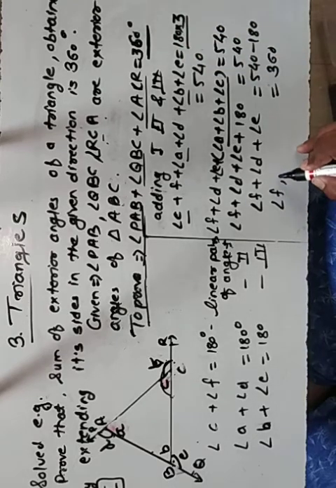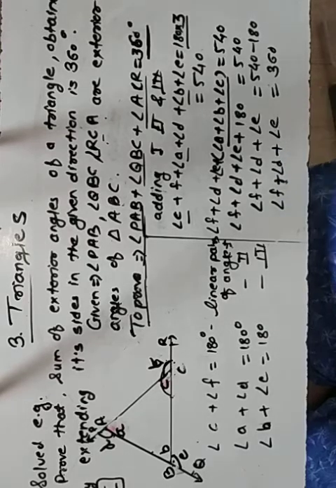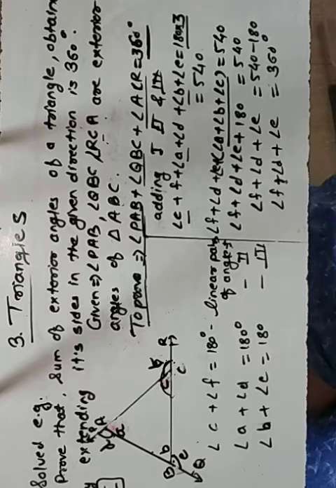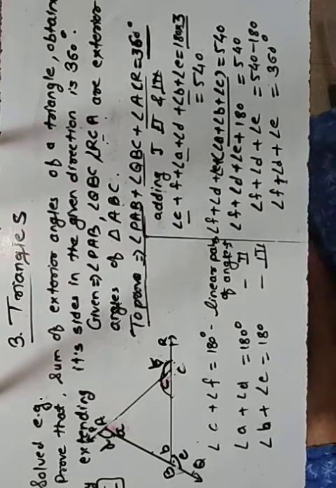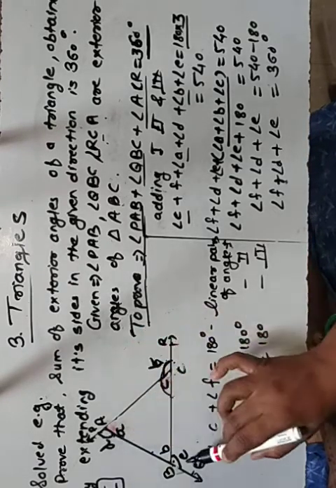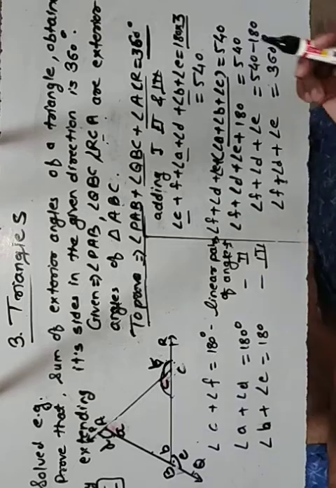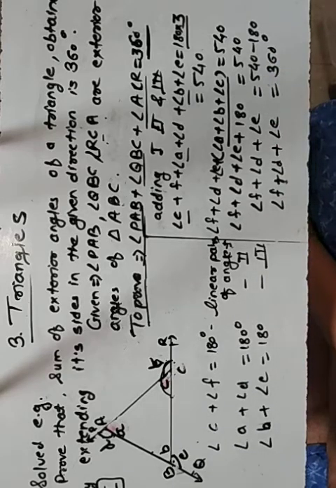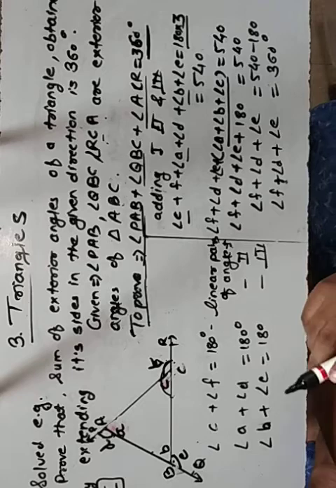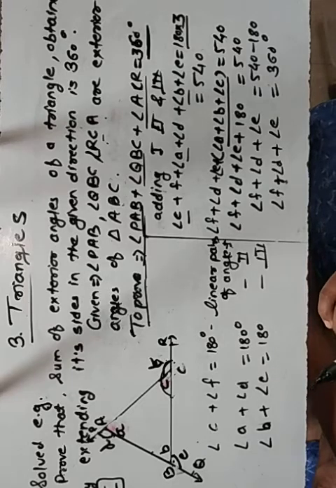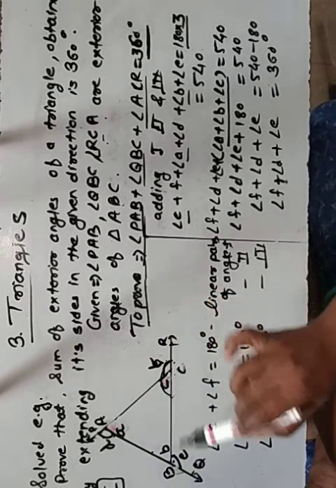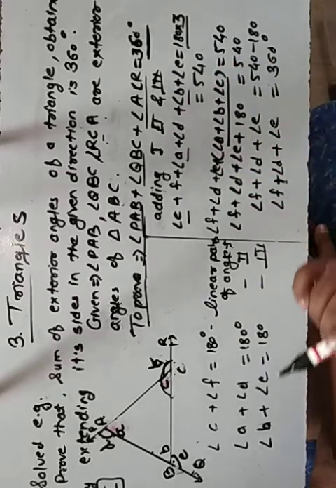So angle D plus angle E plus angle F is equal to 360, which I got here. In this way you show that the sum of exterior angles of a triangle, obtained by extending the sides in one given direction, is 360.